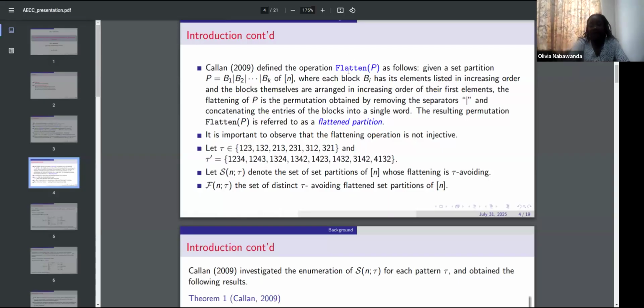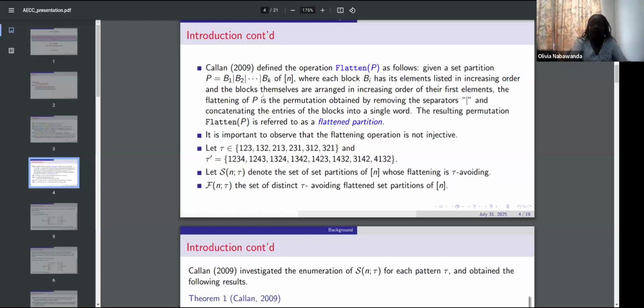So Callan said that with this flattening command, if you have a set partition P, which we shall write in this form, B1, B2, up to Bk, where these are different blocks, and each block has elements written increasingly.